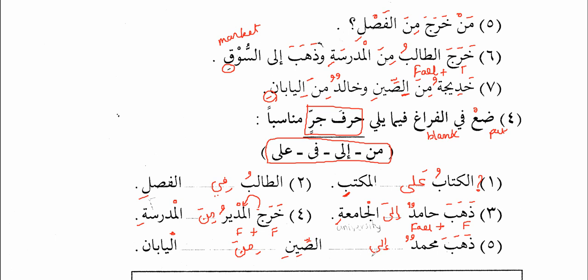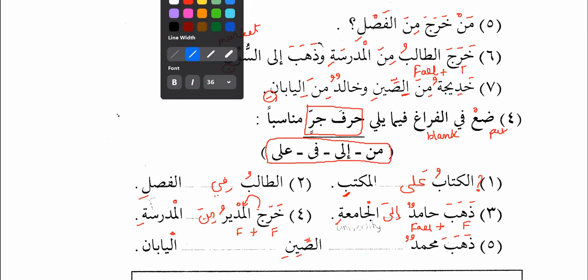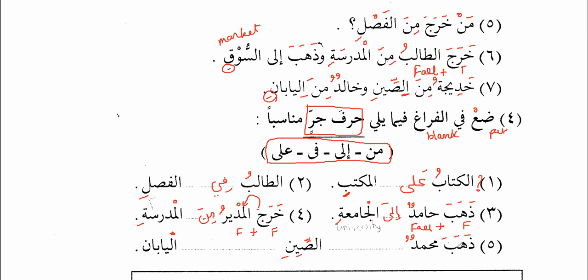So I have done it opposite actually. This is the rule for min and ila. Dhahaba Muhammadun minas-Sini, the destination you start from. Dhahaba Muhammadun minas-Sini ila al-Yaban, from China to Japan. And ila is usually used for the destination you are heading to. So this is the answer. Min and ila.